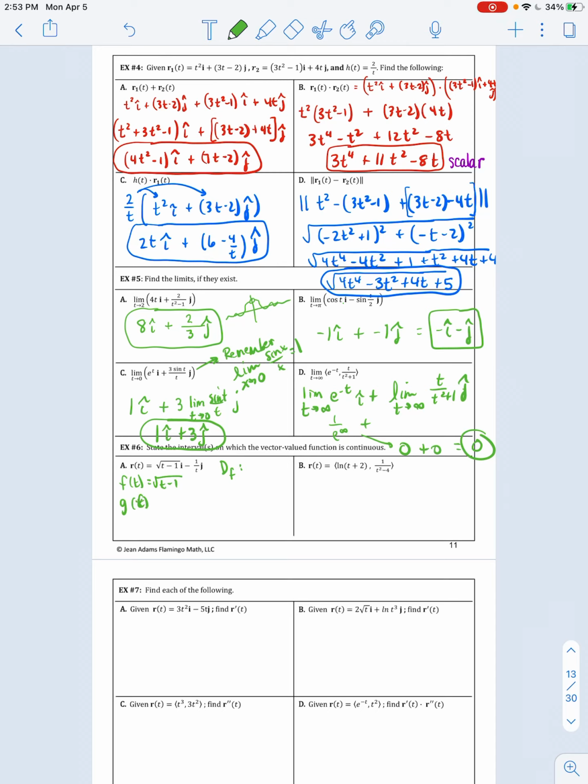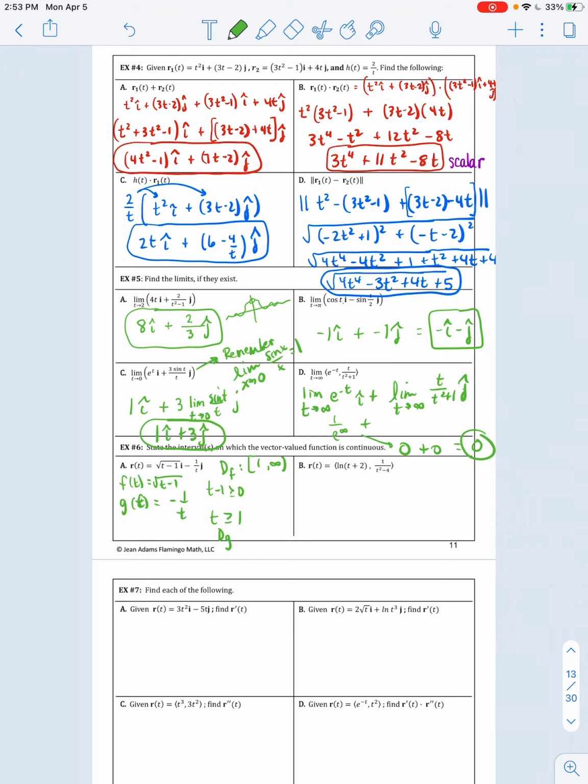Your g of t is going to be negative 1 over t. And you know that for f of t, t minus 1 must be greater than or equal to 0, so t must be greater than or equal to 1. So that one is going to be 1 to infinity.